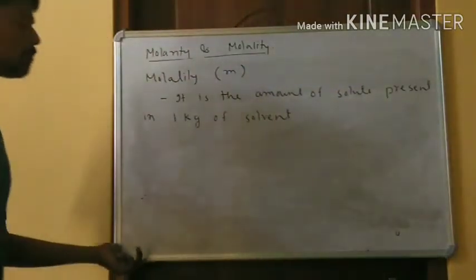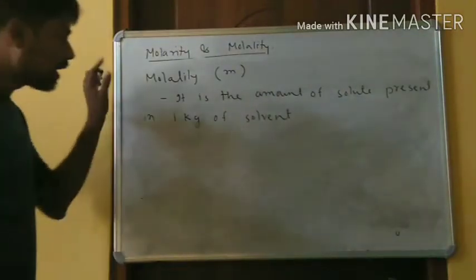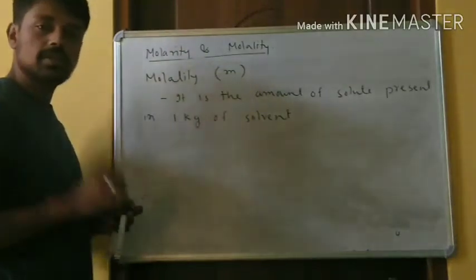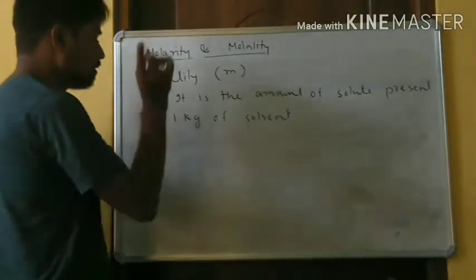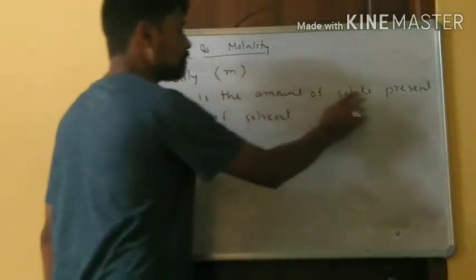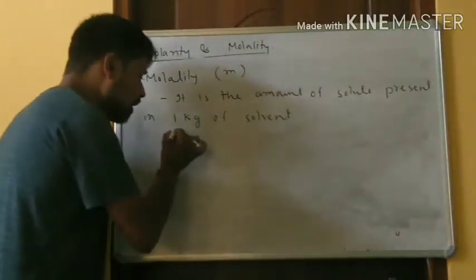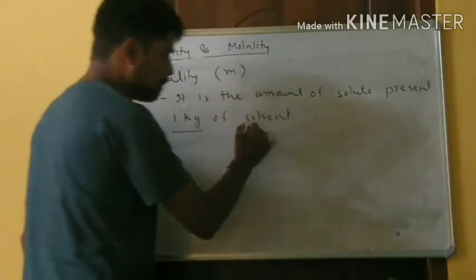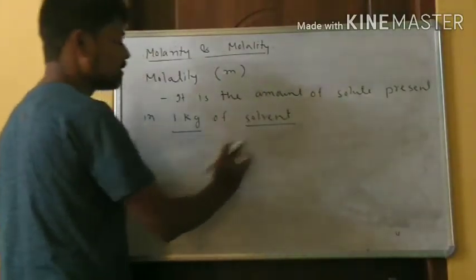What is the difference between molarity and molality? In molarity, which was capital M, we see the amount of solute present in 1 liter, but in the case of molality it is 1 kg, and in place of solution here it is solvent.